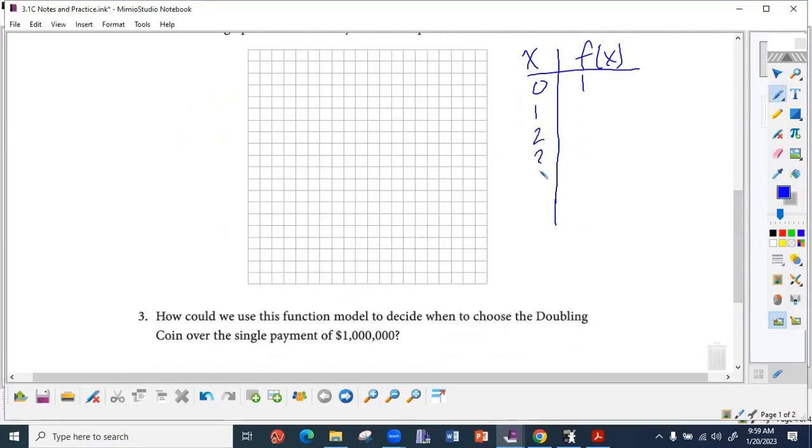We're in 1, 2, 3, 4, and 5. So my values are 1, 2, 4, 8, 16, and 32. To fit this in, we're going to count by 2s on our y-axis. And we're going to count by 1s.